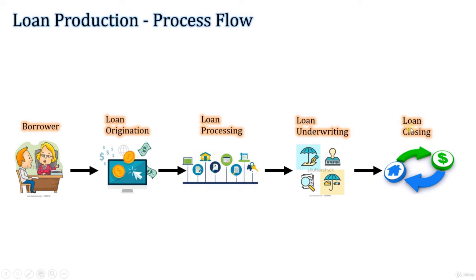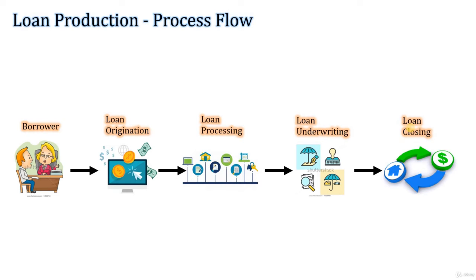The final stage is loan closing and funding. After the loan is underwritten and the borrower agrees with the loan terms, the loan moves into the closing and funding stage, when the actual contracts are signed and sent, the property is registered, and seller payments are cleared. So these are the various activities involved in mortgage production.